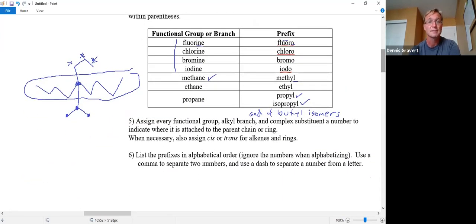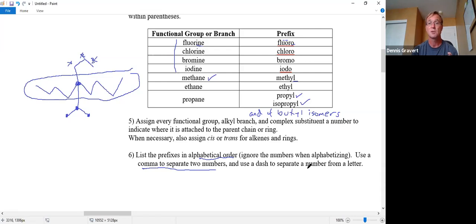Step 6: now you have identified all the branches and you've named and numbered them, put them in alphabetical order. After you alphabetize them out in front, anytime you have 2 numbers colliding, use a comma to separate those.